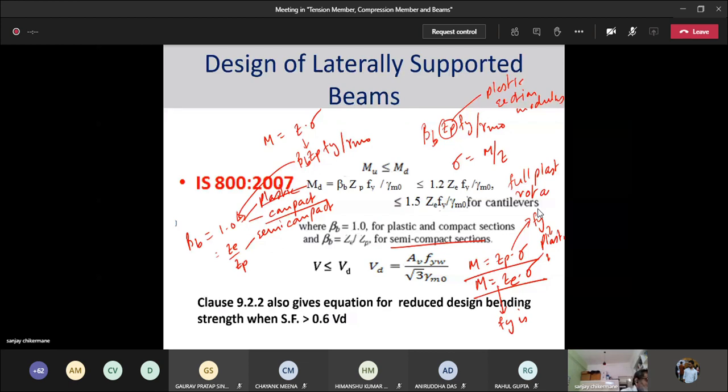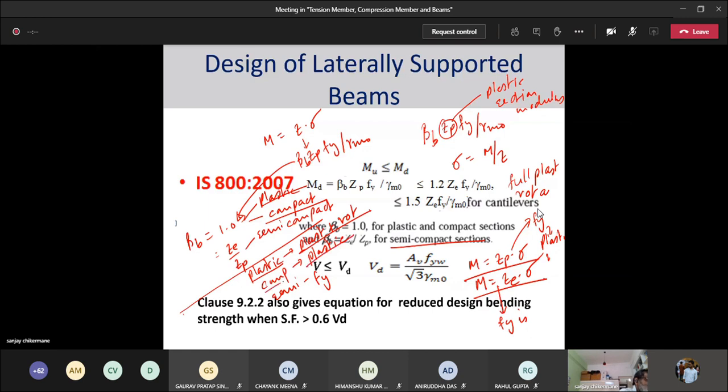Remember, this is what we had defined when we talked about plastic sections, compact sections, and semi-compact sections, where we said semi-compact mein Fy pahunchta hai, compact mein plastic pahunchta hai, aur plastic mein plastic pahunchta hai, plus rotation hota hai. So plastic plus rotation is a plastic section.